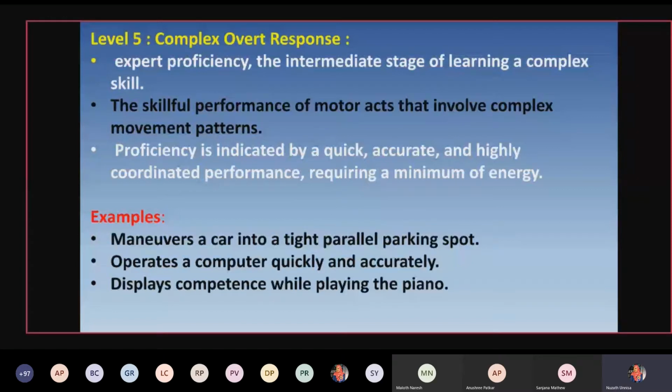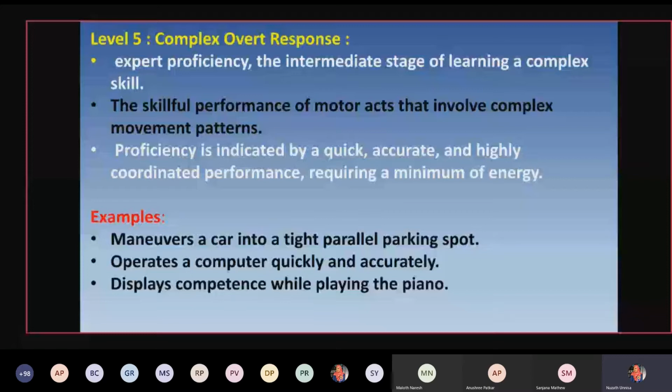If we list out the examples, we have maneuvering a car into a tight parallel parking spot. If the spot is very tight, it will be difficult for beginners who have started driving recently to park the car in the tightly packed area. Only when the person is an expert can he do it in a maneuvering way.